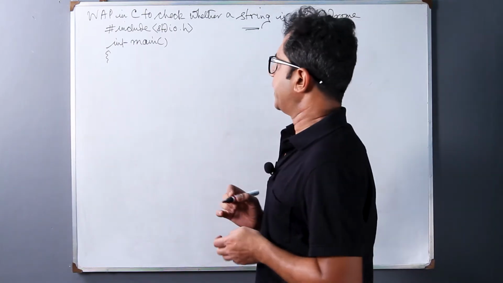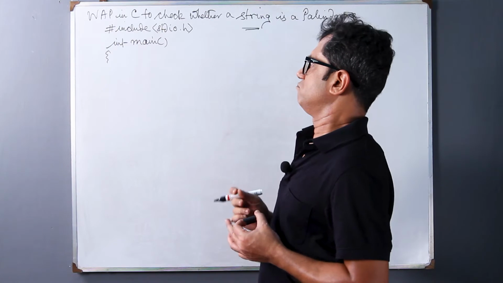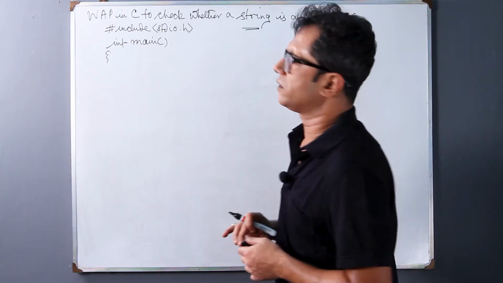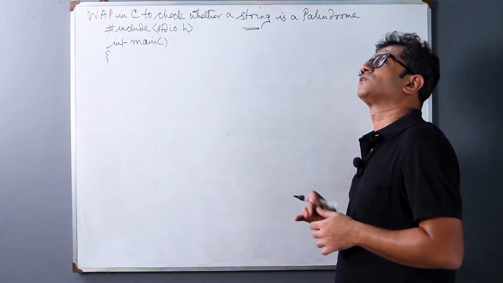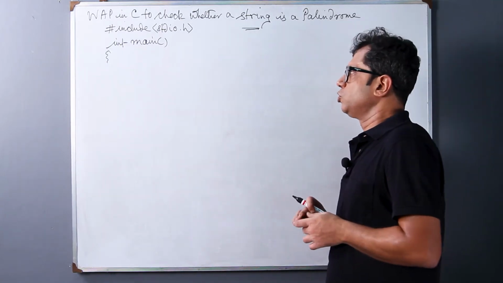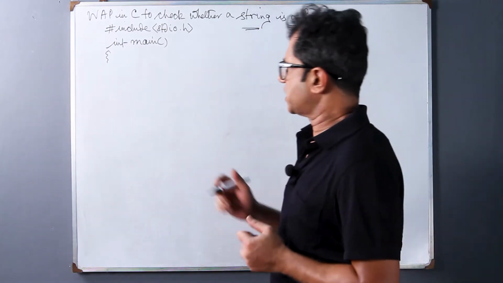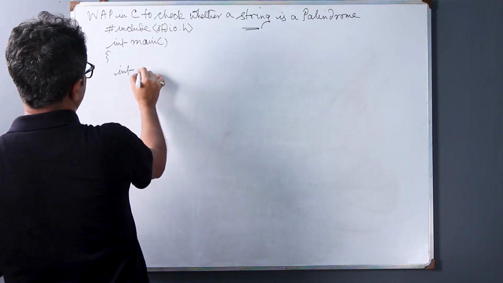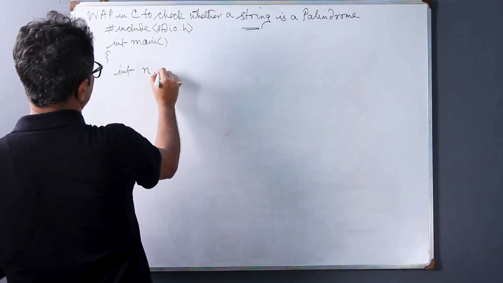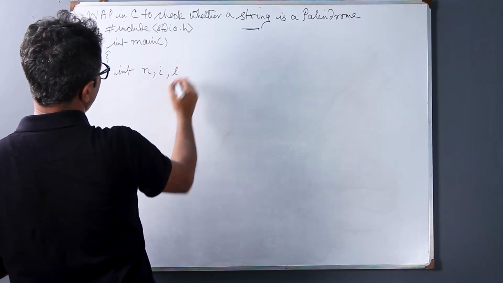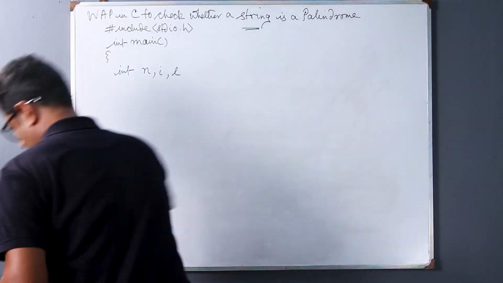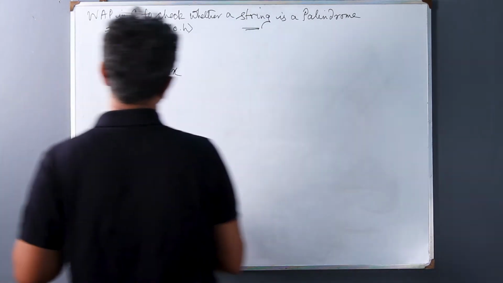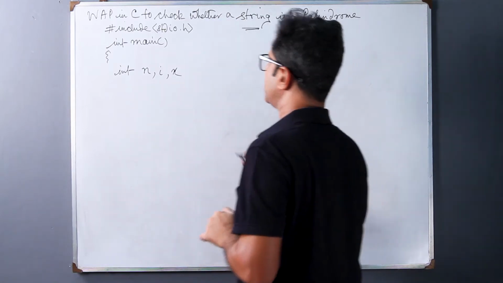So one variable will be n, another variable is the for loop variable, the i loop variable, and another can be an auxiliary variable. I will show you the use of the auxiliary variable. Let us write the variables down first. int n, i, x, where x is the auxiliary variable.